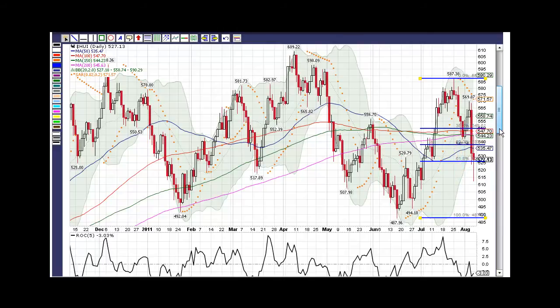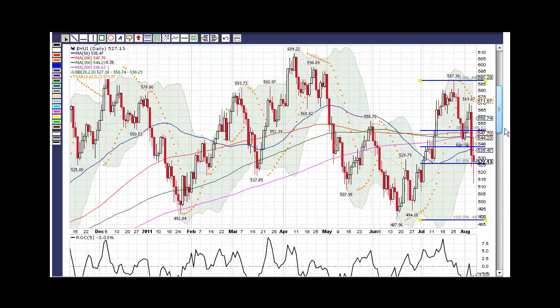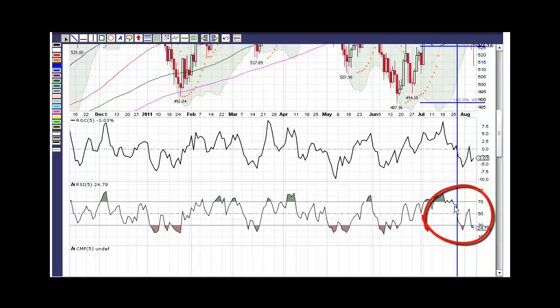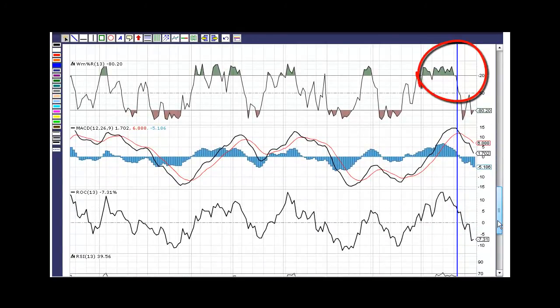So let's go look at something else here now. This is like my favorite indicator for telling me what's going to happen here. And that is my short-term rate of change. If I put that short-term rate of change where it just goes negative, look at how it picks off the time when it tanks. Picks off the relative strength sell signal, picks off the Williams, picks off the MACD.